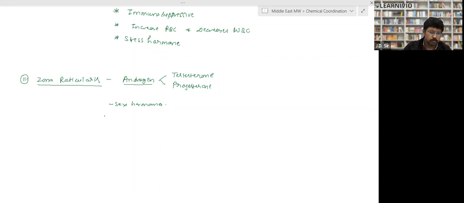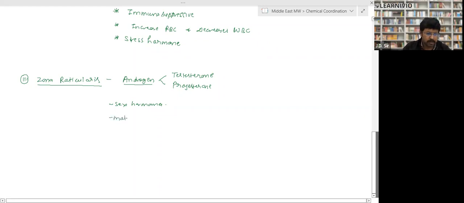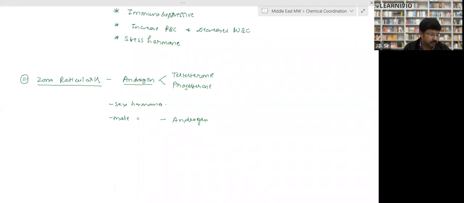The male sex hormones are androgens. That is important for male fetus development, right? Next, female sex hormones.